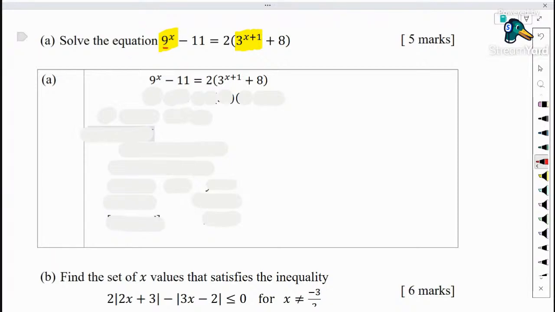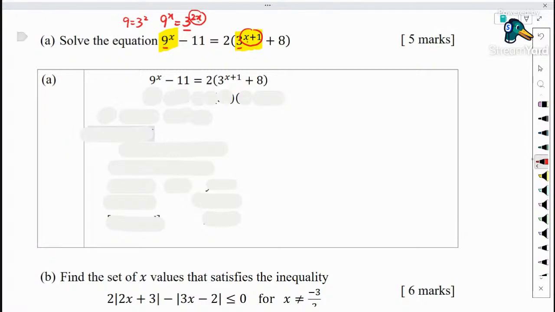We find out that 9 is actually equal to 3 squared. So 9 to the power of x is actually 3 to the power of 2x. So it can change to the same base number. Then, having the same base number, we realize that the powers of the terms are 2x and also x.